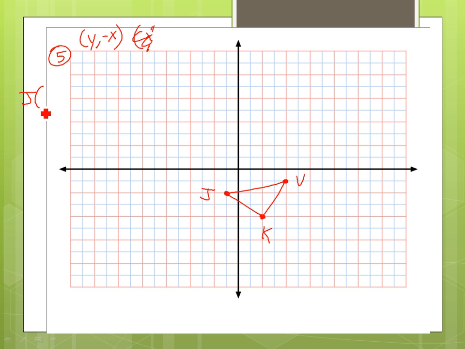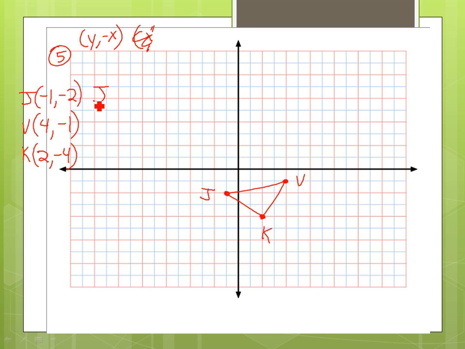And J was negative 1, negative 2. V was 4, negative 1. And K was 2, negative 4.